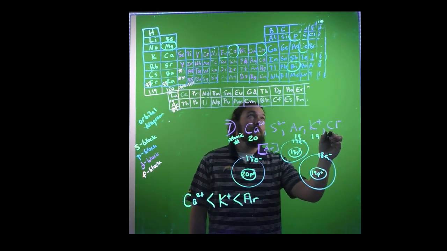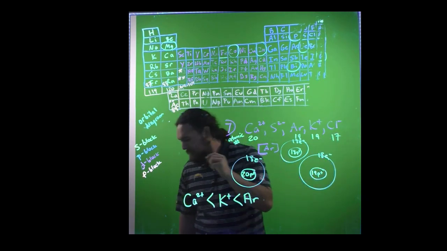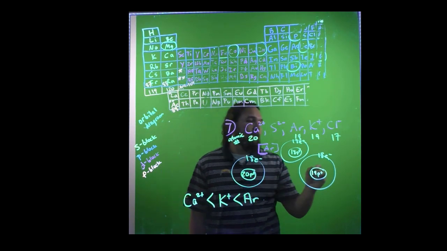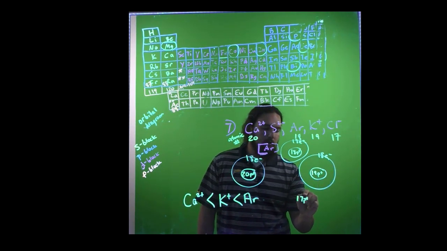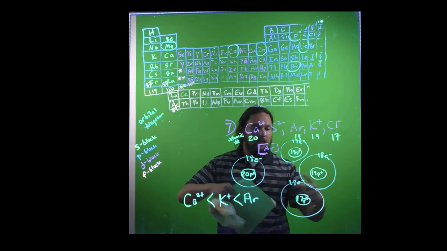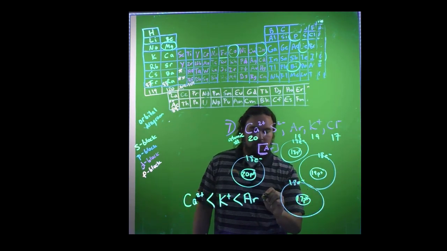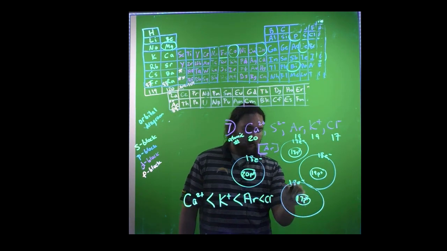Chlorine has an atomic number of 17, so it has 17 protons pulling in 18 electrons. So that'll get spread out a little bit further. So chloride would be there.